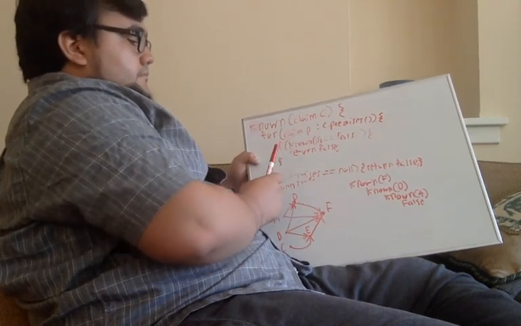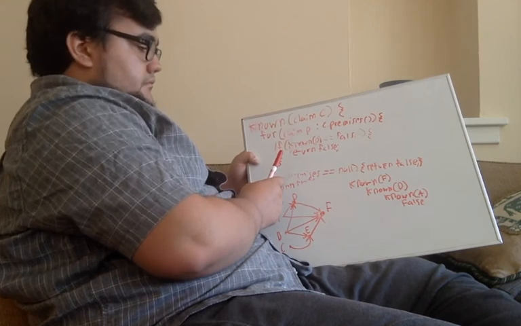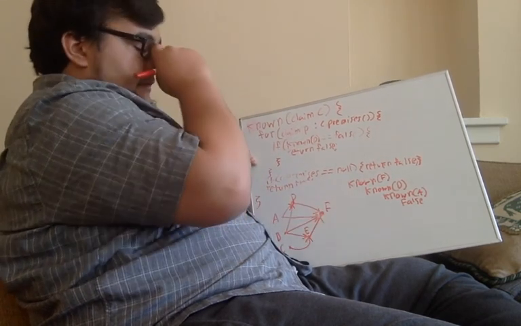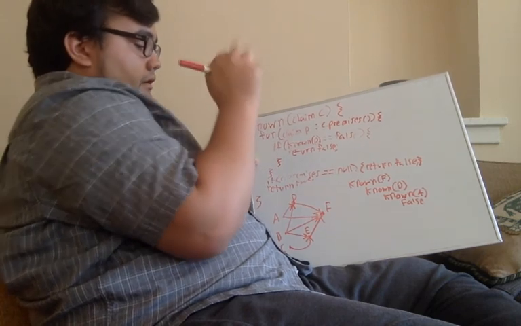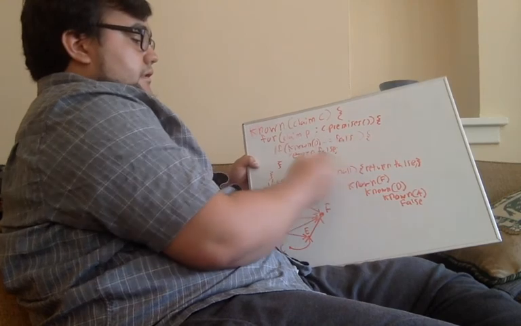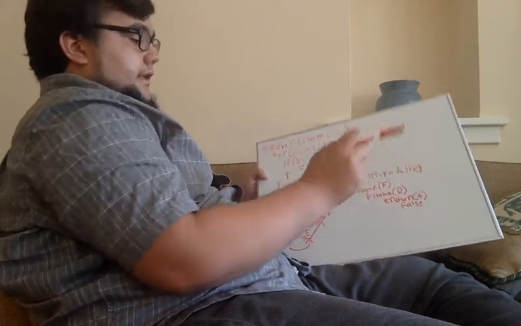So it turned out to be false. Then we return false for F, and that's how F is not known. If you understand how that one worked, you can pretty much understand how it would work for every single one.